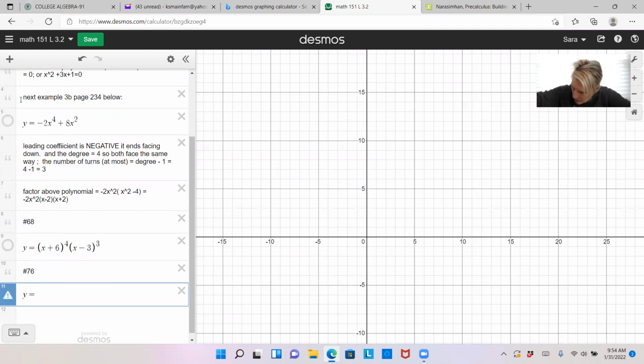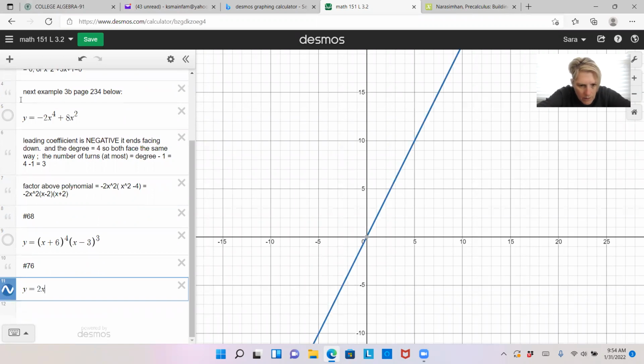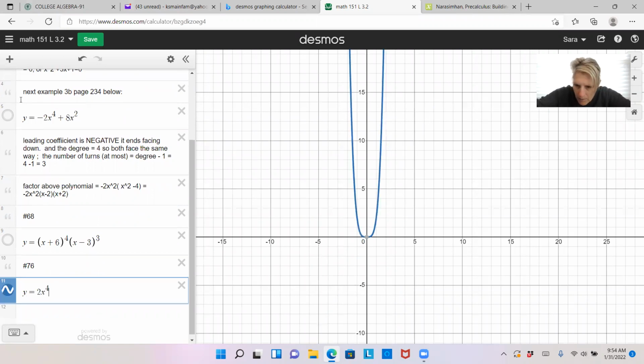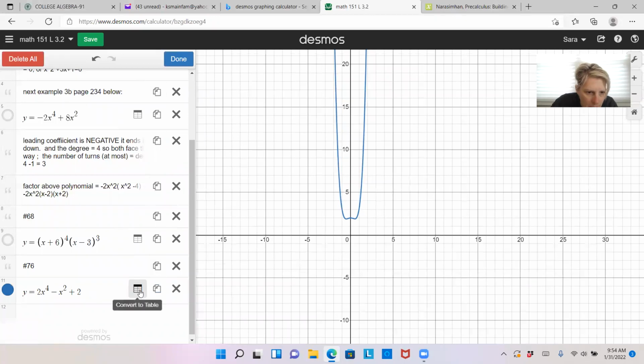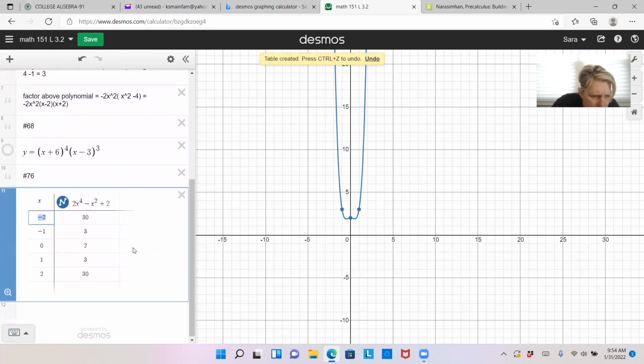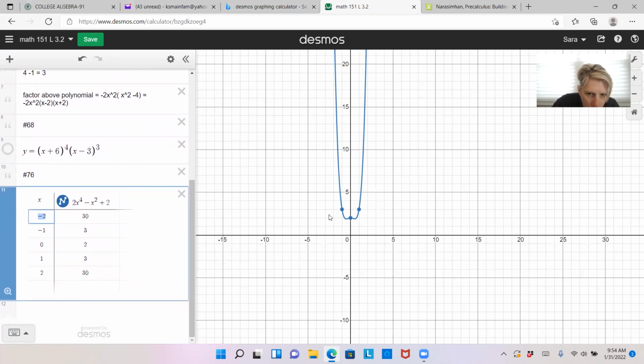Y equals 2x to the 4th minus x squared plus 2. Okay. So we can click on that and just go up to the gear and have it make a table. And so the cool thing is you can see when you put in a -2, you get 30. And when you put in a +2, you get 30. And that tells us that it's even. And you can see visually that it's symmetric. So 76 is even. I'm just going to make a note: even function.